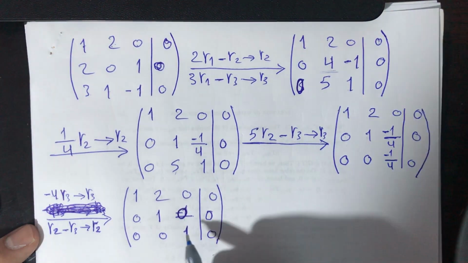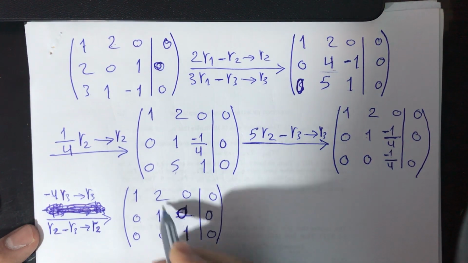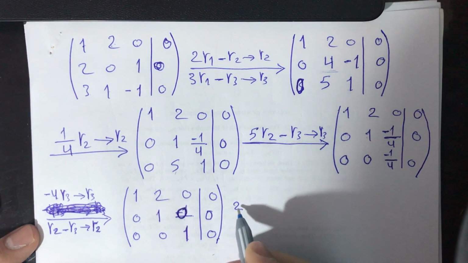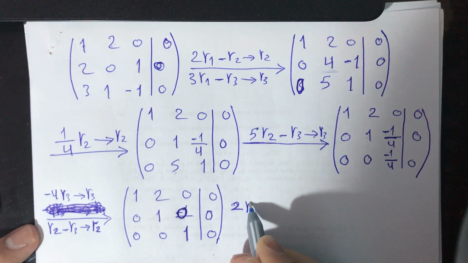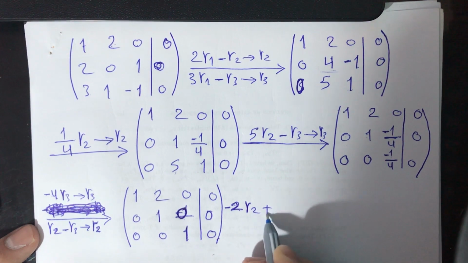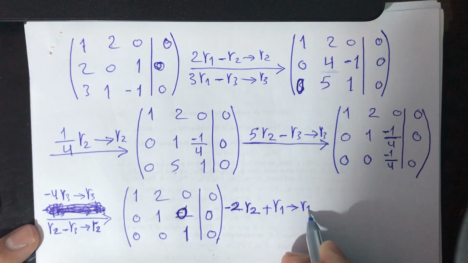The result is 1. Now also we can make this 0: minus 2 r2 plus r1, write in r1.